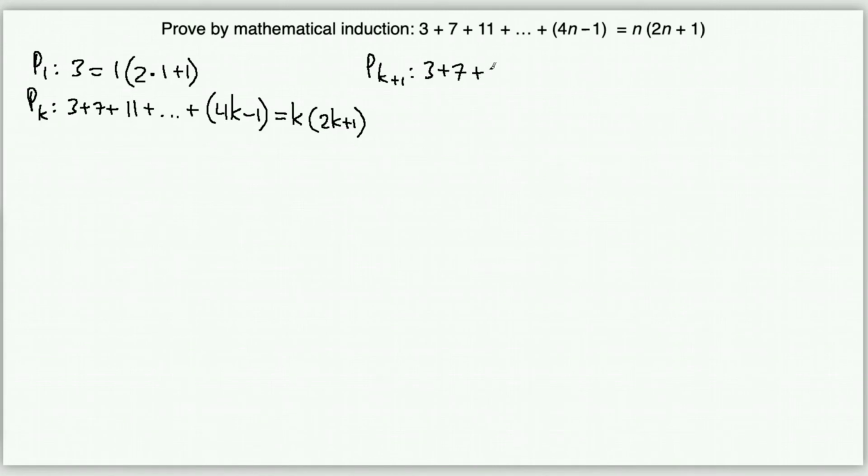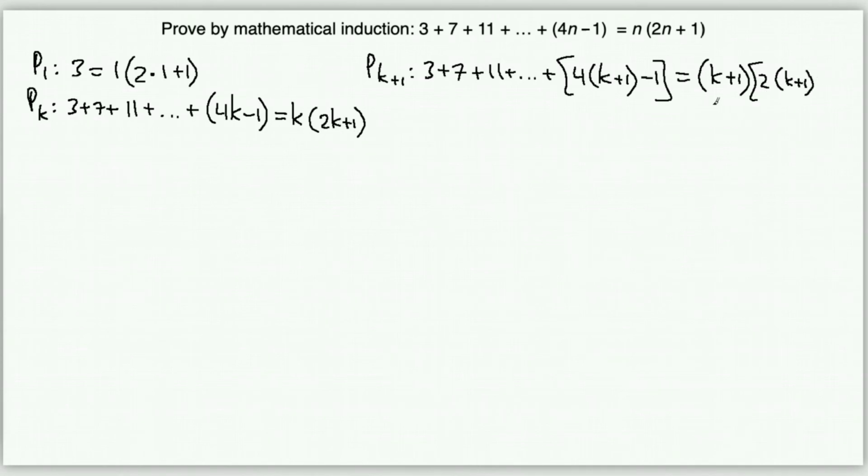So 3 plus 7 plus 11 plus 4 times, instead of k, k plus 1, that's the new k, minus 1. And that's equal to k plus 1 instead of the k here, and again 2 times k plus 1 instead of k, and then plus 1 after that.